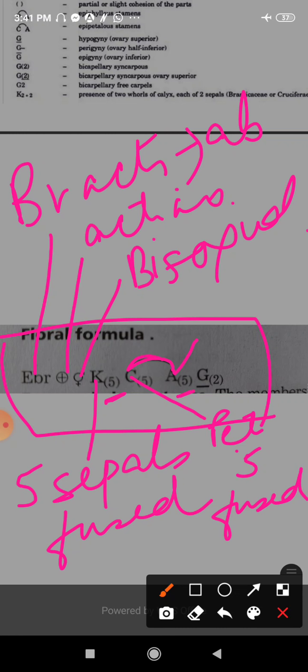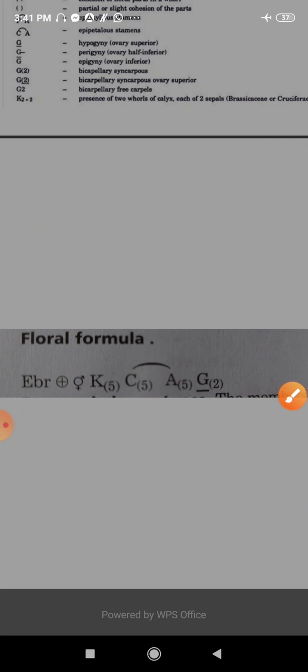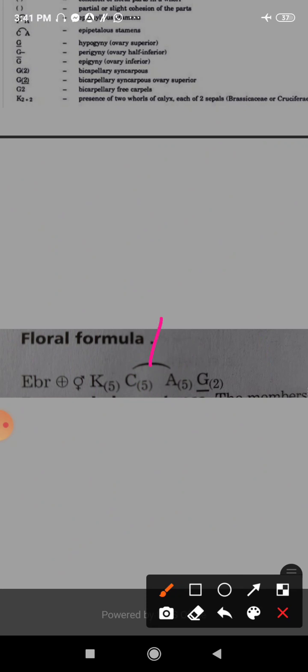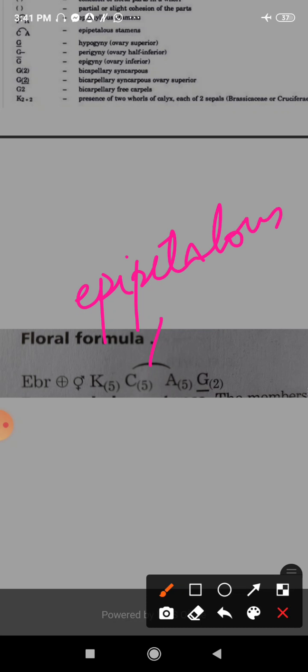Now if the androecium is attached to the petal, what kind of a condition is this? The androecium or the stamen is epipetalous, right? What does epipetalous mean?